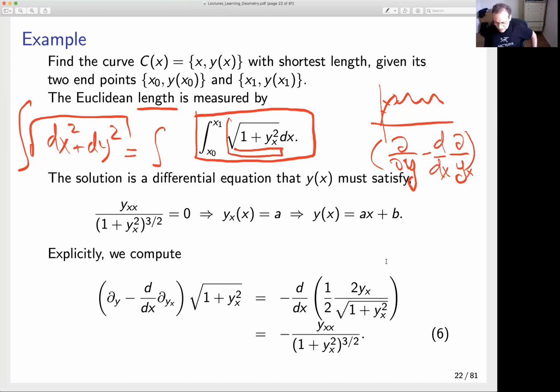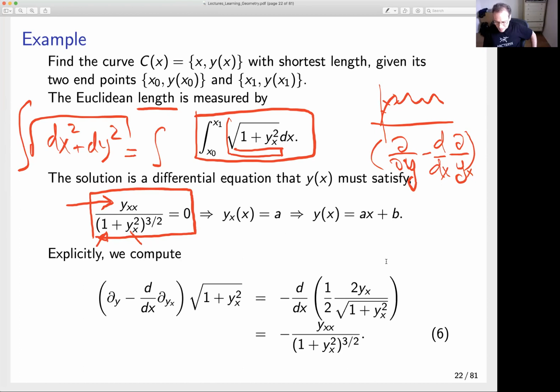Okay, if I apply this to that, what I would get at the end is nothing but this equation. Okay, so we see that again, in the numerator, what we get is u_xx equals 0. And in the denominator, we get something which would always be larger than 1, because y_x squared would always be positive, okay?